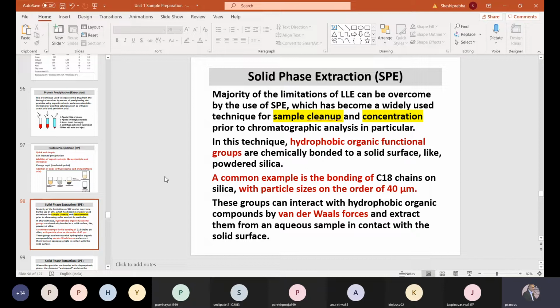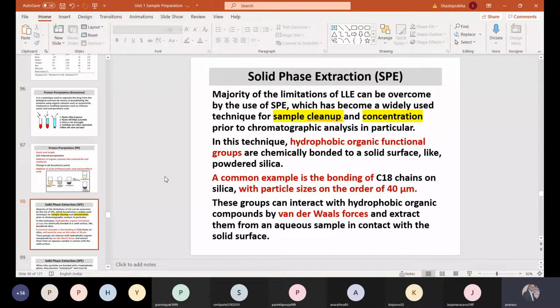So basically, you are modifying the structure of silica in such a way that it becomes non-polar. Bare silica is highly polar, so you make it non-polar. At the same time, you make it hydrophobic in nature. So the common bonding which you find in silica is of C18 chains.